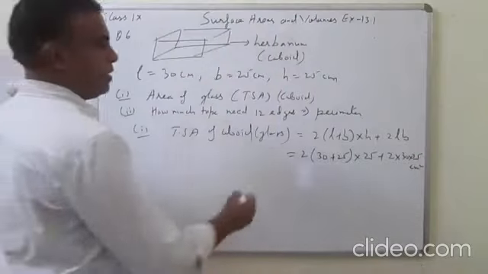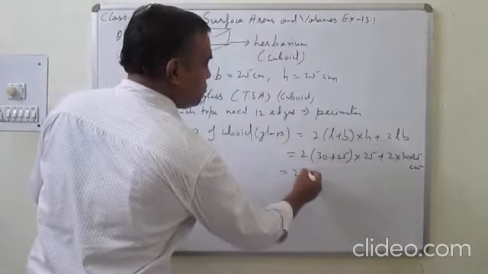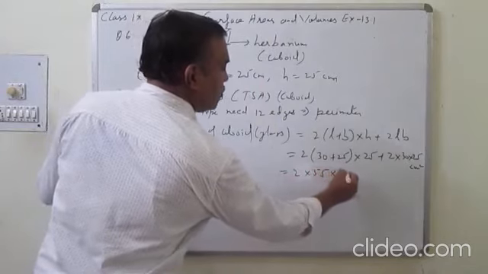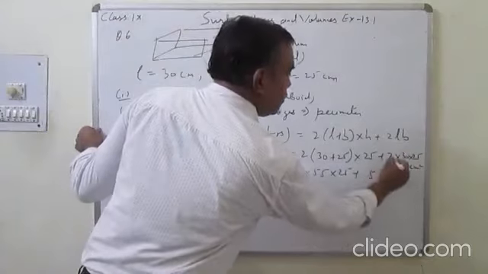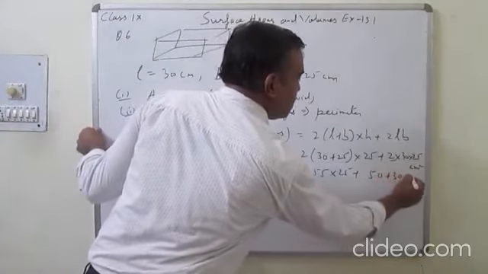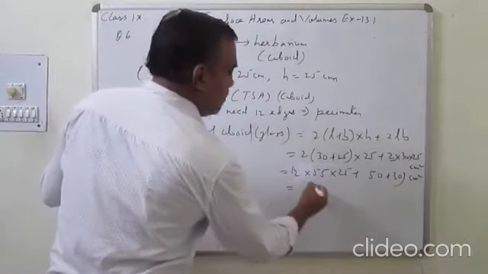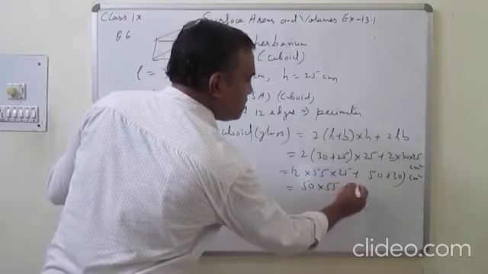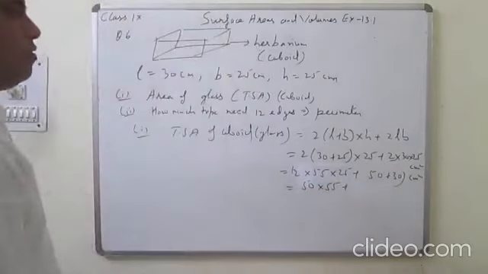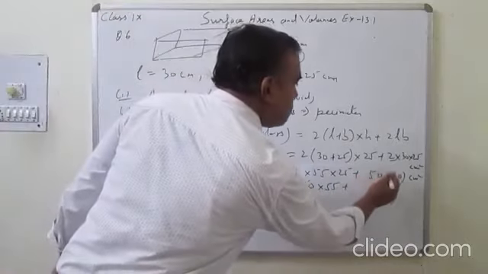Now calculate it. 2 into (30 plus 25) becomes 55, into 25, plus 2 into 25, 50, into 30 centimeter square.